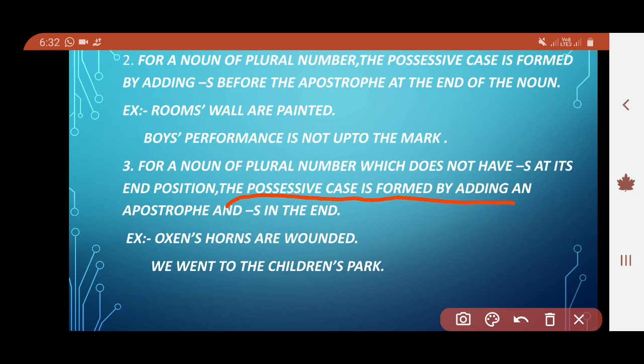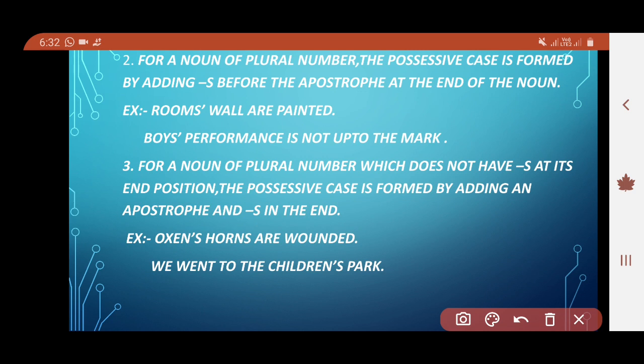How? Let's see. In the case of a noun of plural number where we do not have an s, it is plural but we don't have s, in that position we can form its possessive case by adding an apostrophe and s. That means first comes the apostrophe, then comes the s in the end.